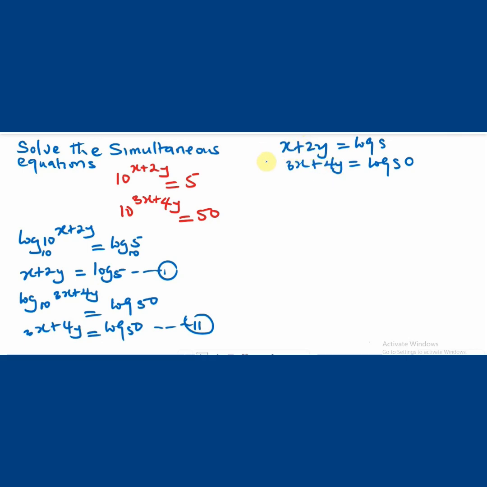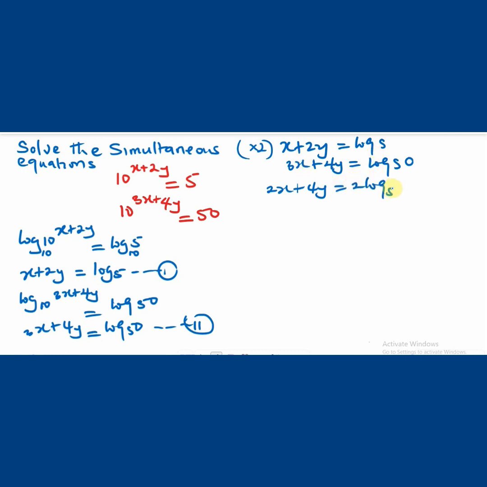But you know, I can decide to multiply this first equation by 2 because doing so doesn't change the value of this equation. If I multiply across by 2, I can still divide across by 2 and obtain this. So 2 times x is 2x, plus 2 times 2 is 4y, is equal to 2 times log 5, which is 2 log 5.